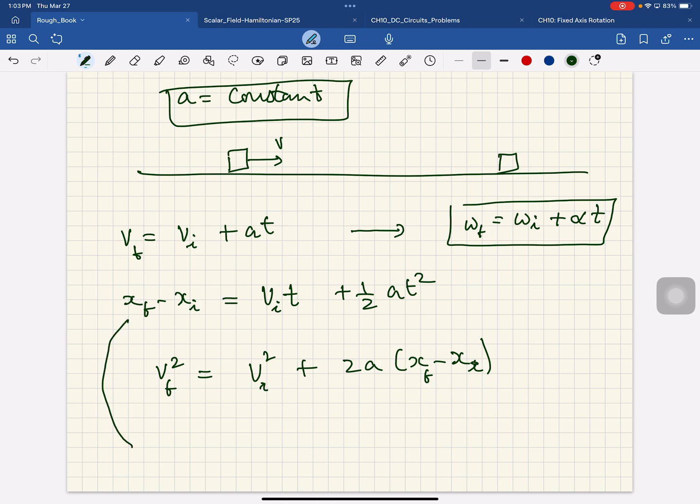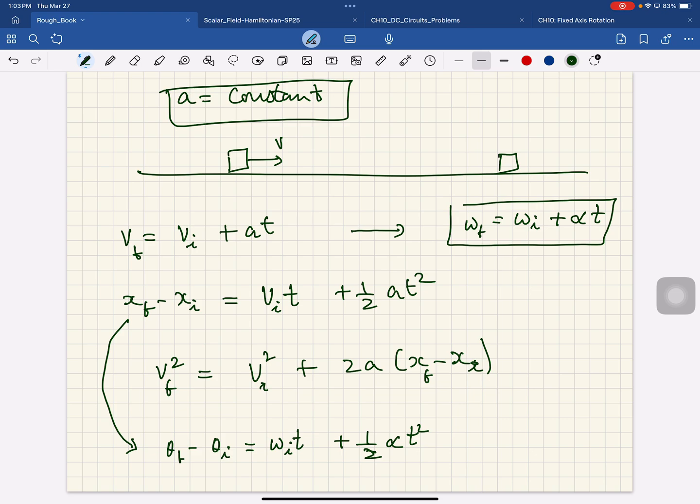This equation will be replaced by theta final minus theta initial equal to omega initial times t plus 1/2 alpha t squared.